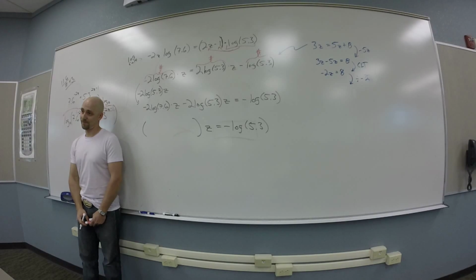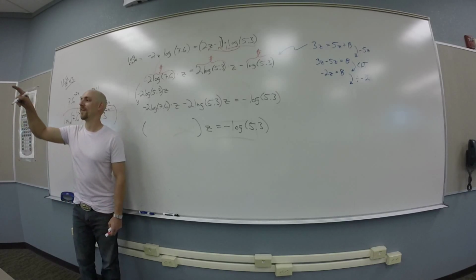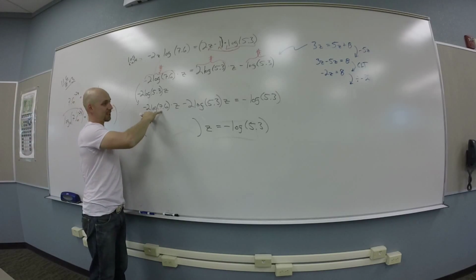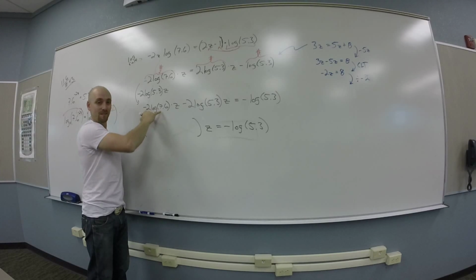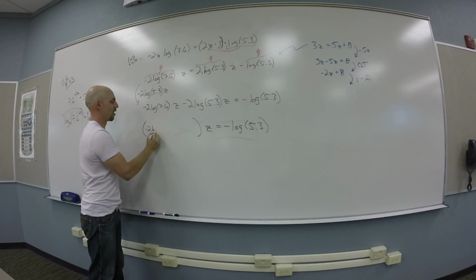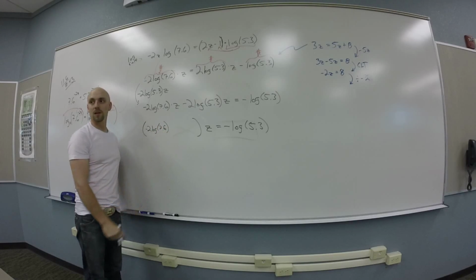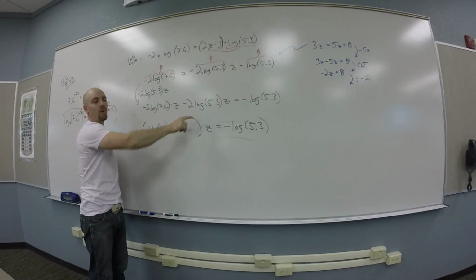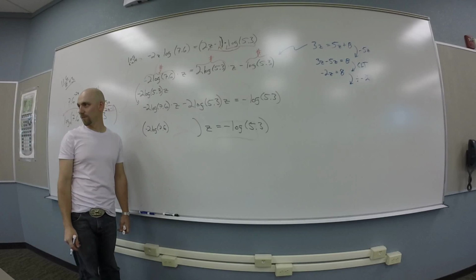How many z's did you have? You had this many, right? You started with -2 log of 7.6. And then somebody came along and took away 2 log of 5.3 of it.